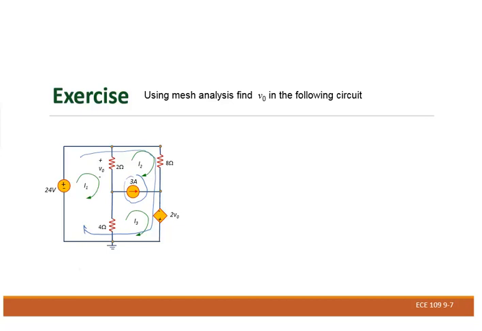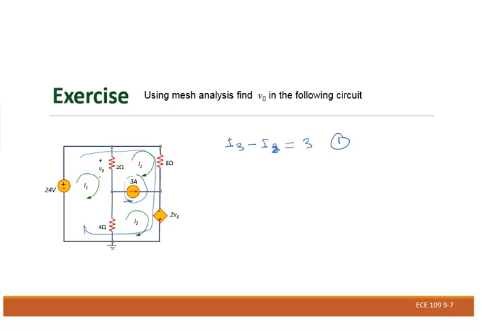We can write here. First of all, the current source right there will give I3 minus I2 will be equal to 3. This is equation 1.